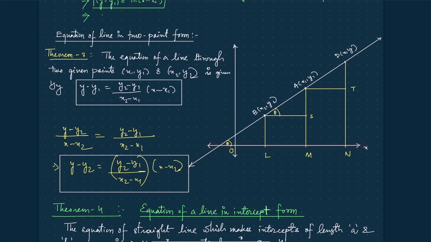Now we need to find the equation of this straight line which passes through two given points. Look, these two points are given to us. We need to find the equation of this straight line. Suppose this is a point P, (x1, y1) is given. I mean it's not given, (x, y) is the point we need to find. Okay, because the equation must be in terms of x and y, right?